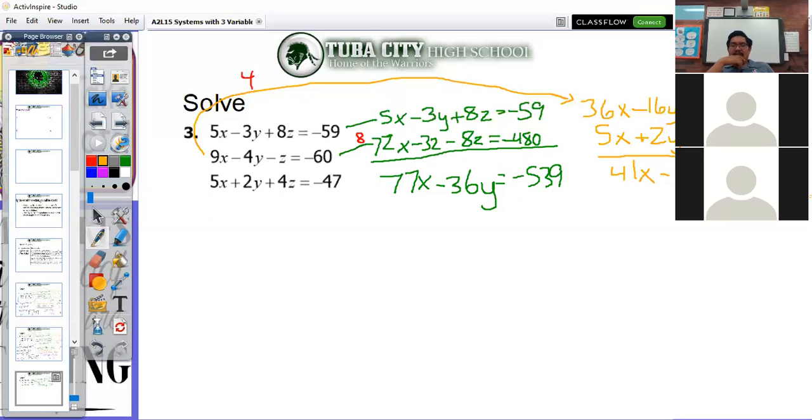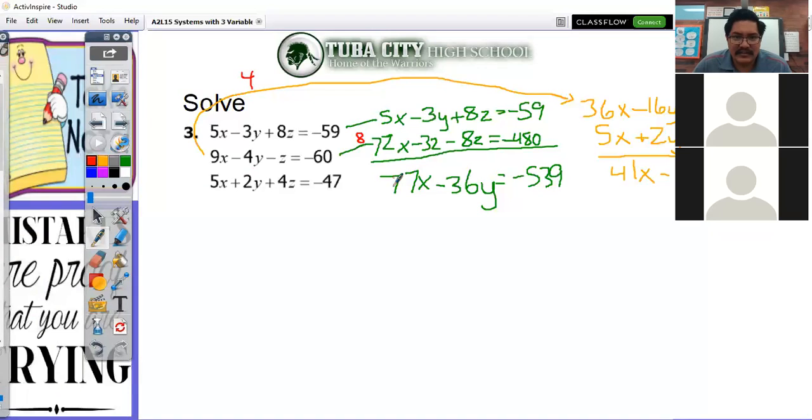There's another way to do this too, but that would take a long time to teach, because in order to teach that, you would have to know about least common multiple and how to find them. So I guess we're just gonna have to do this.